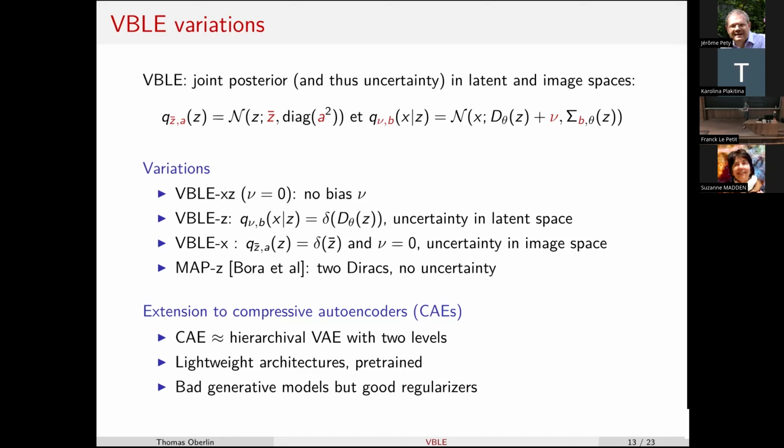So this is another part of the literature, but actually, state-of-the-art CAEs are very similar to hierarchical VAEs. And the good thing is that they are lightweight. We have pre-trained models because it's quite popular in the literature of image compression. So I won't go too much into the details. CAE is a variant of VAE, let's say.